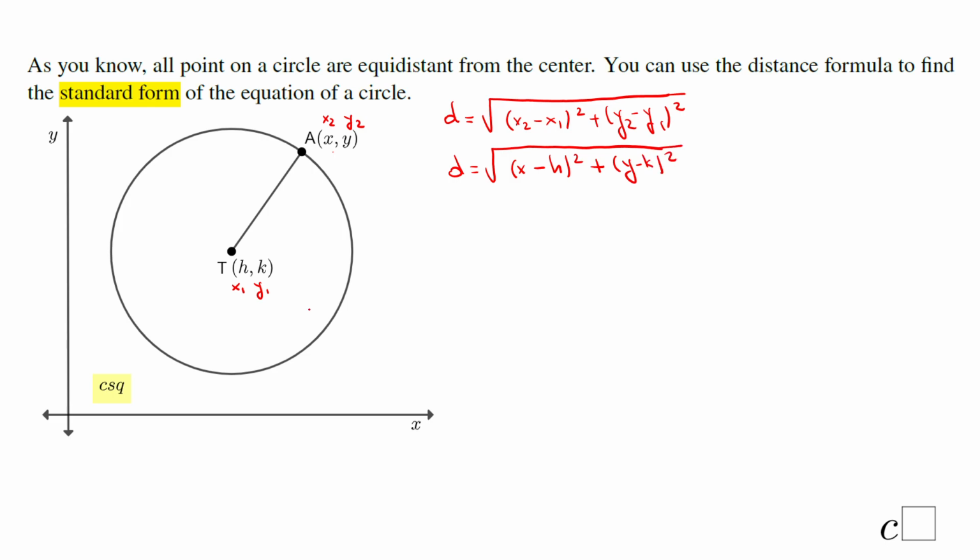Okay, now let's take a look at the distance between these points, the distance from T to A. What is this segment? This segment is the radius of the circle. So I'm going to replace it here, and I'm going to copy what we had in the previous step.